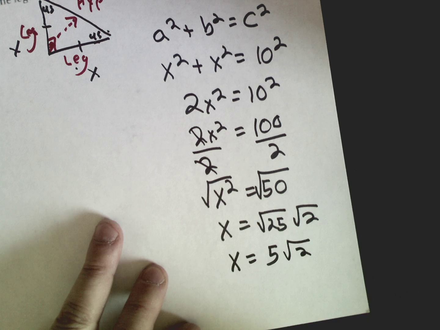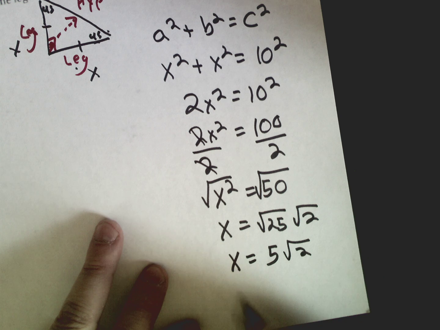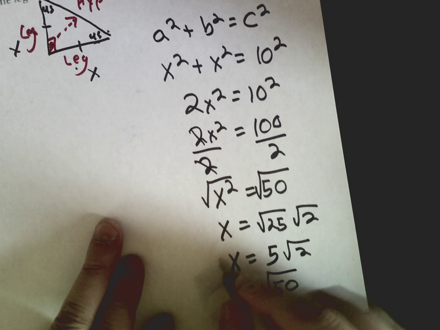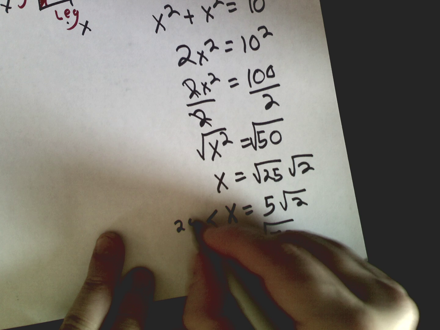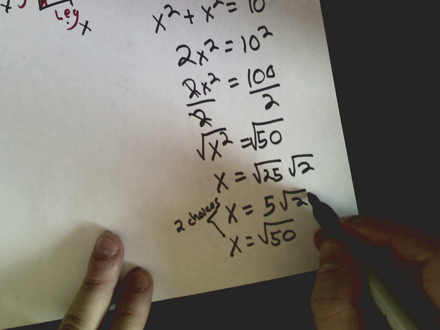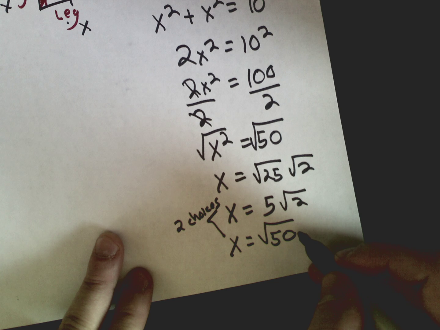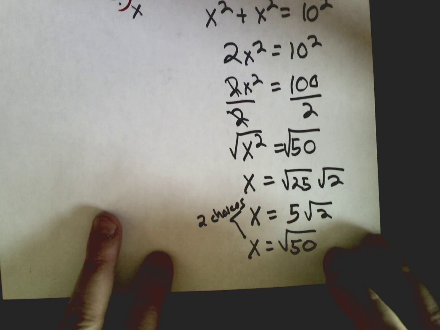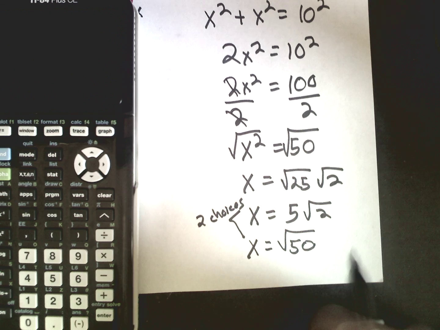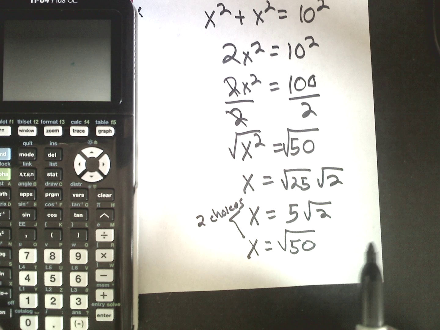Square root of 2. So I have two choices here. I could give the decimal version, or I could leave it as is. They both are the same answer, whether you simplify your radical or leave it. On a math test, they would want you to simplify the radical. But let's see if I'm right on both accounts.